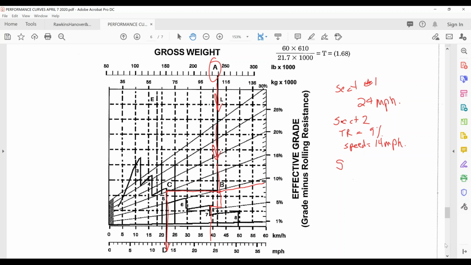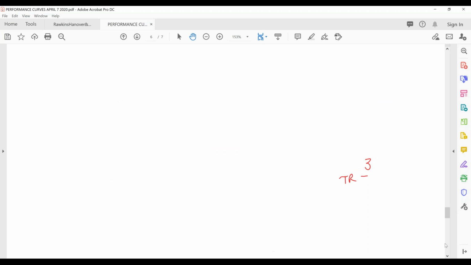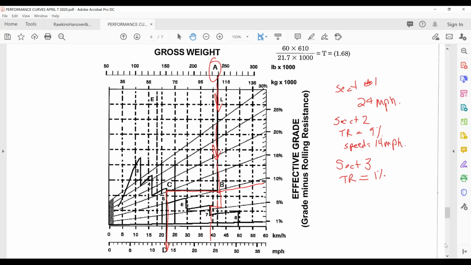Section 3. Total resistance is equal to 1%.